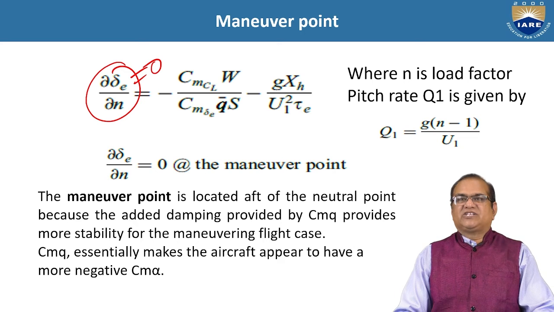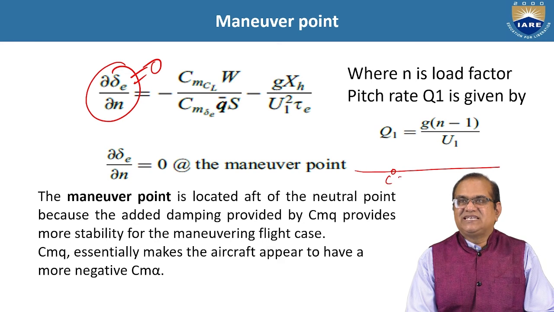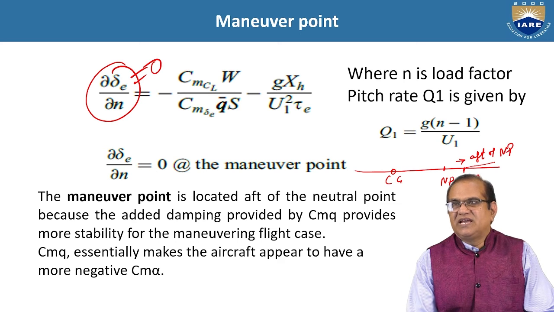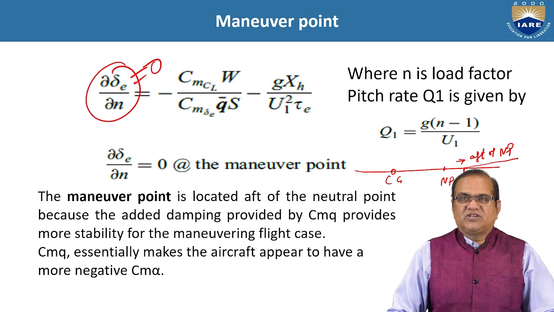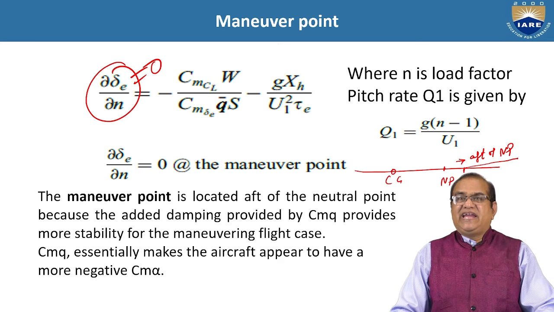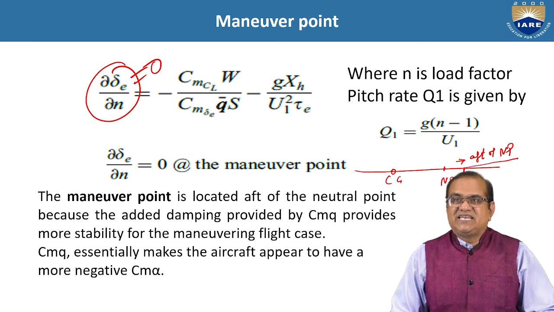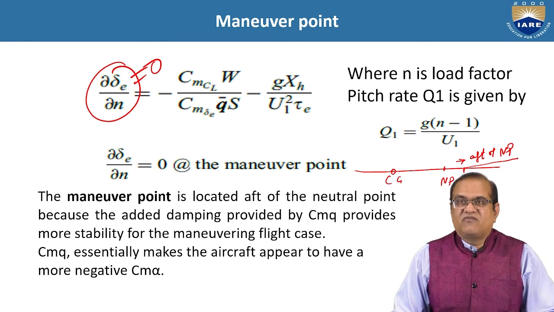So the maneuvering point is located aft of the neutral point. So always if you see here, this is the line, this is the CG, this is the NP and here will be the maneuvering point. This is aft of the neutral point. Mostly the maneuvering point will be aft of the neutral point. The maneuvering point is located aft of the neutral point because the added damping provided by CMQ provides more stability for the maneuvering flight cases.